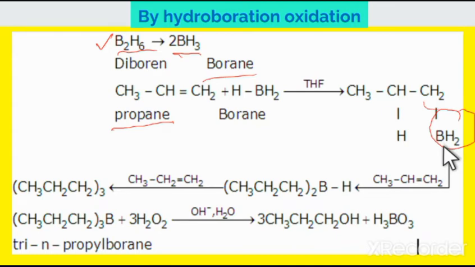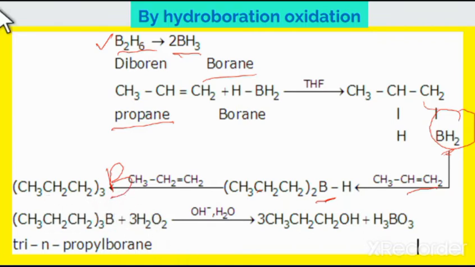Whatever the number of hydrogens present on this borane, that many addition reactions can take place with alkenes. Another molecule of propene treated with this compound gives another addition product. This borane, which still has one hydrogen, can react further with one more propene. In that case we obtain three propyl groups attached to the boron.